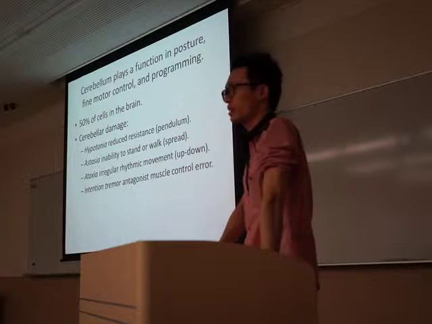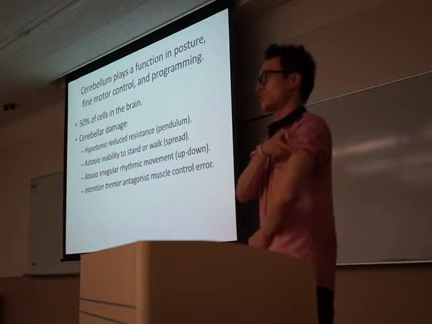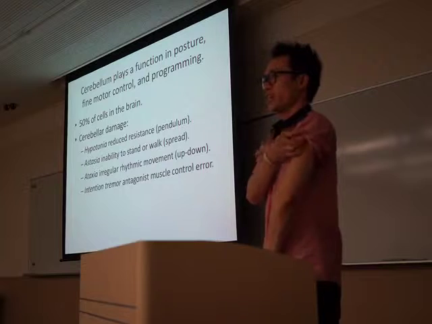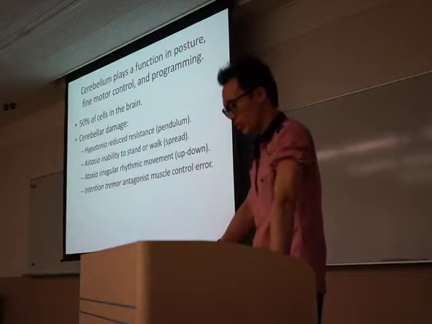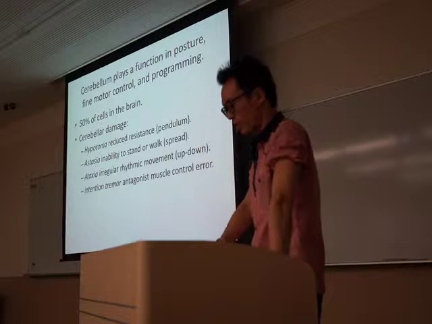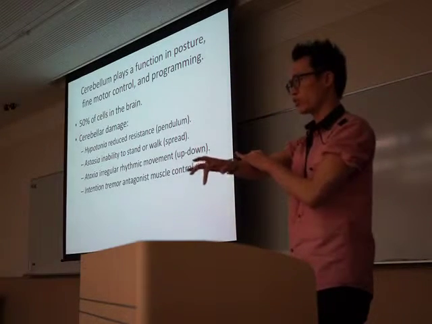I'm going to talk about that in a second, to illustrate why it's important to study this area of the brain and this topic in general. So one is called hypotonia. That is basically a reduced resistance of your muscle tone, right?